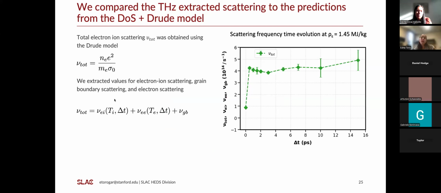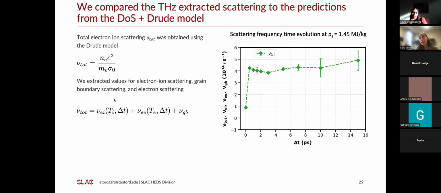Now, going forward, I mentioned to you that we want to understand what is affecting the conductivity. And the easiest way in which we can do this is we can convert the conductivity into scattering. We can simply do this by using the Drude formula that directly maps conductivity into the total scattering.